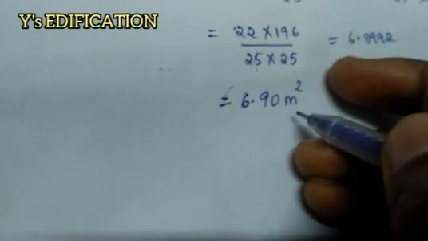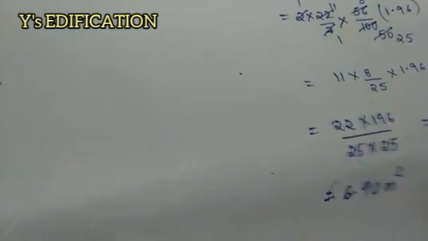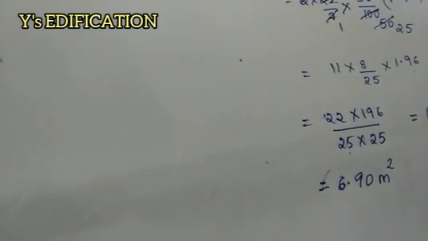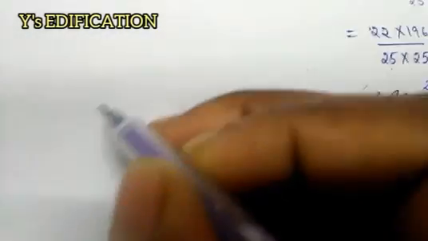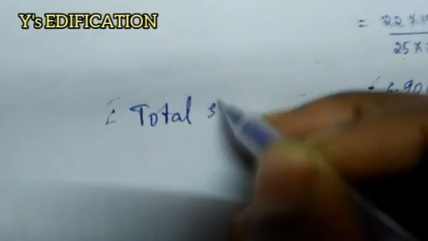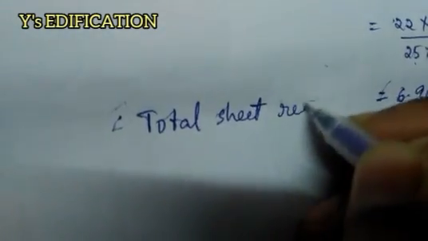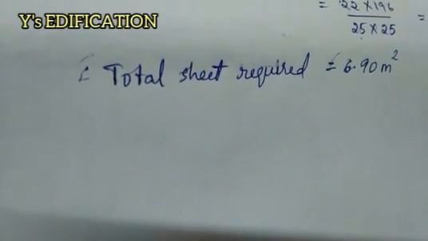Why meter square? This is the total surface area. For the area, the units must be square. So this is the total sheet required. Therefore total sheet required is equal to 6.90 meter square.